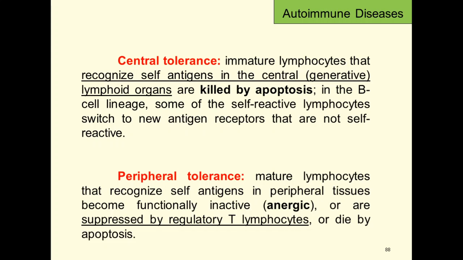So if you think that, for example, a hepatocyte is a wrong guy and you should destroy it, you should be killed, I underline, by apoptosis. So this is the tolerance.